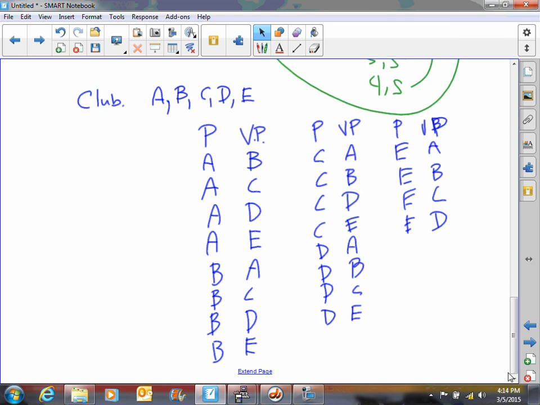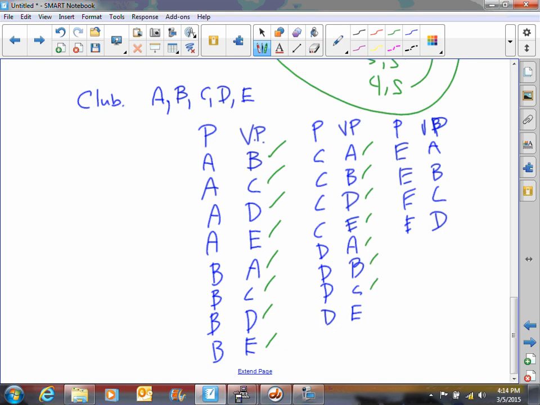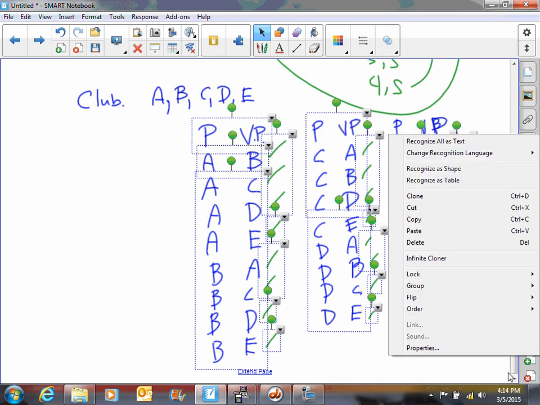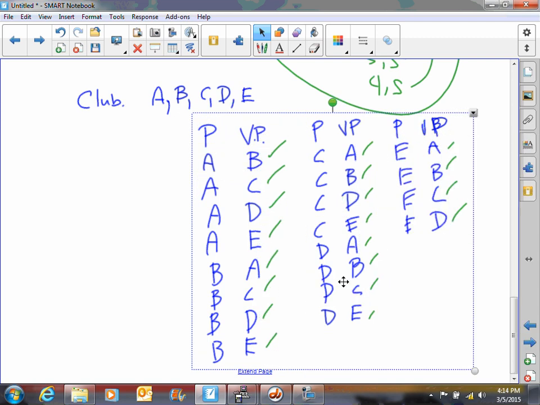So now, what have we got? We've got 1, 2, 3, 4, 5, 6, 7, 8, 9, 10, 11, 12, 13, 14, 15, 16, 17, 18, 19, 20. So there's 20 ways that we could select 2 out of a group of 5 people if the order that they're selected is also important.